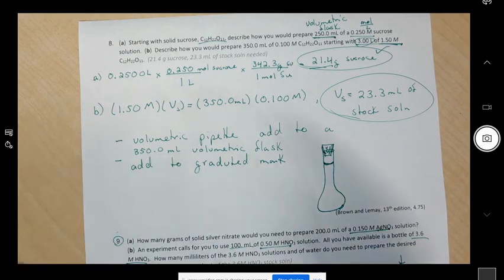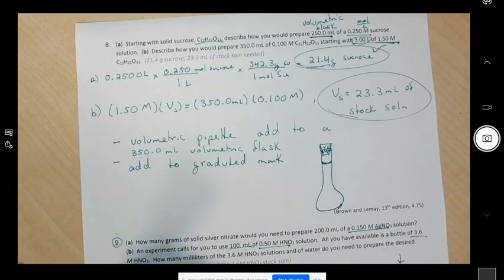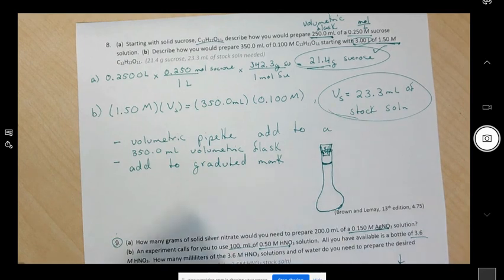So let's take a look at this. We've got 3.6 molar nitric acid. So we're going to take our 3.6 molar HNO3, and we need to figure out what volume we need.